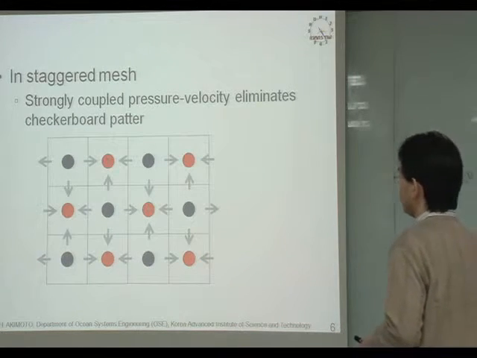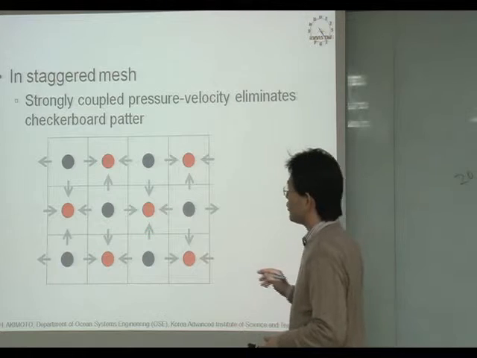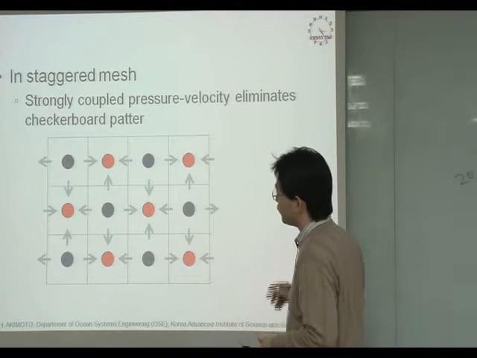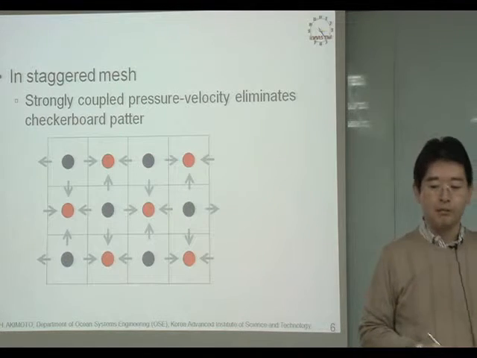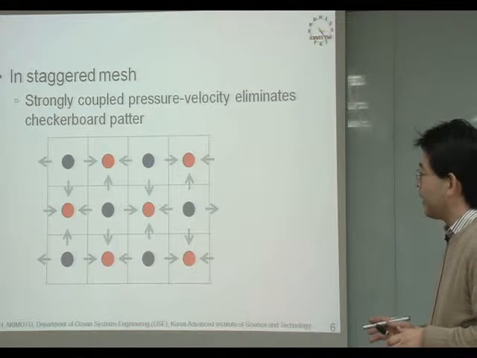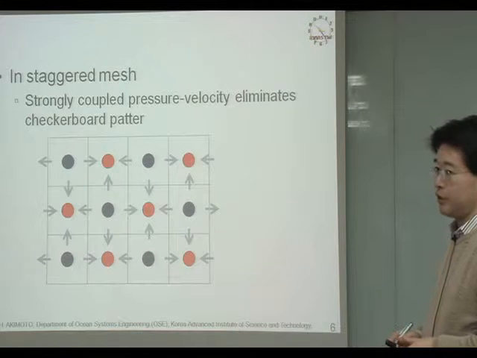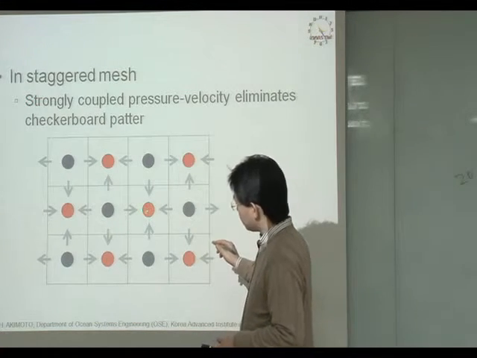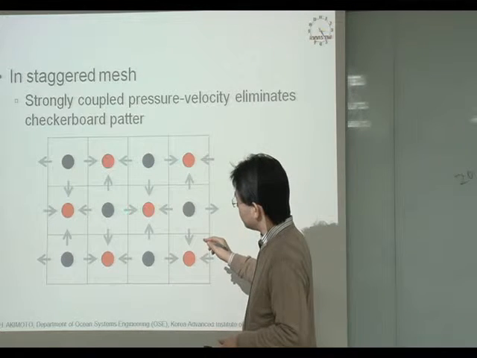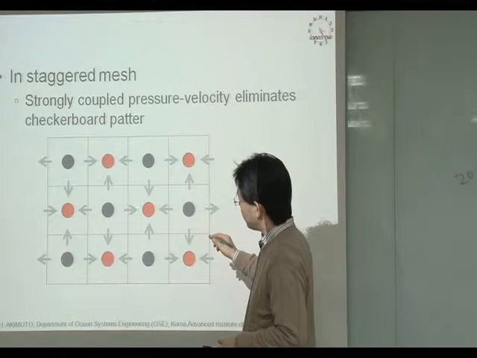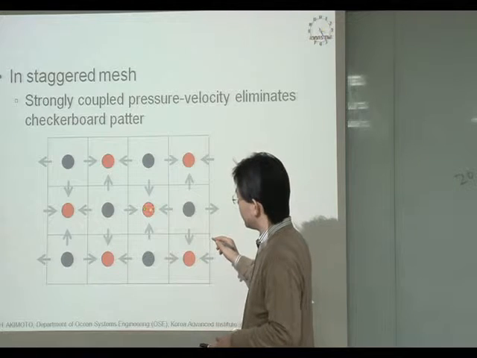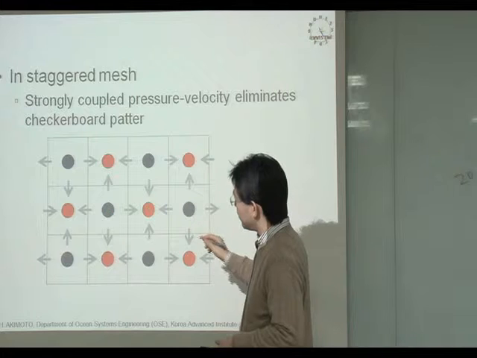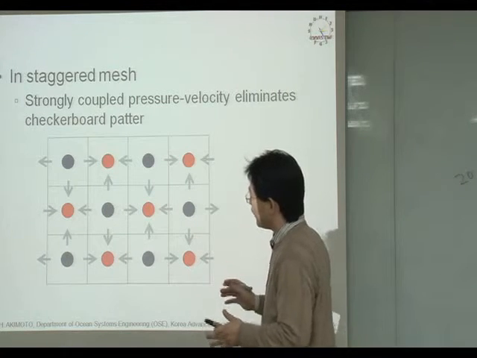So even if you set the initial distribution like this, if you give a checkerboard oscillation type initial condition, it will be diminished immediately, because if the velocity distribution is like this, the pressure will increase here and decrease here, and it will repel.